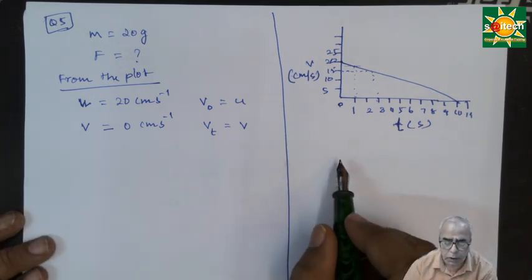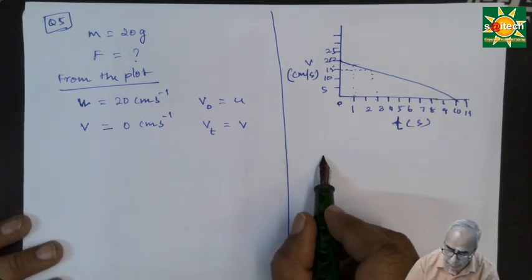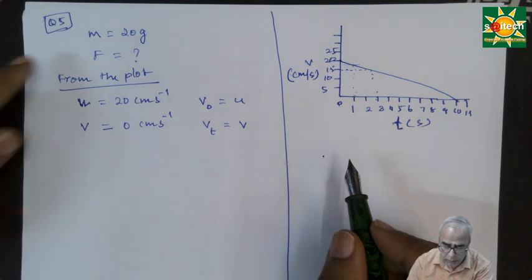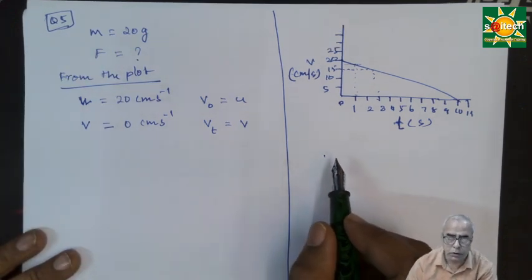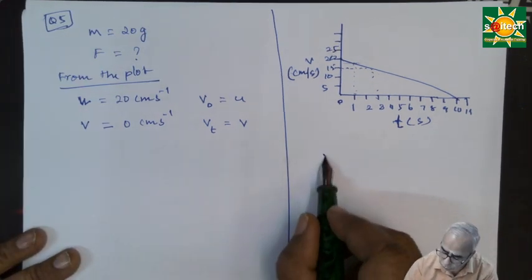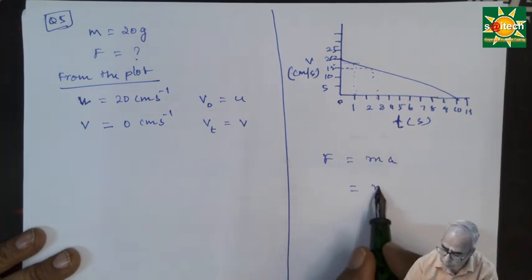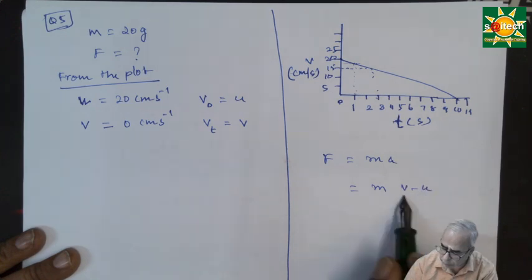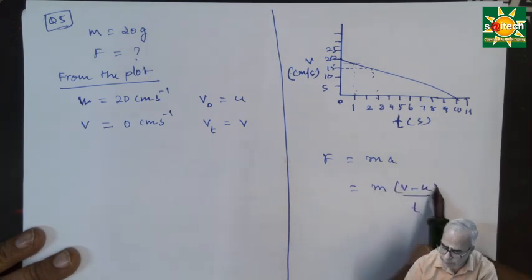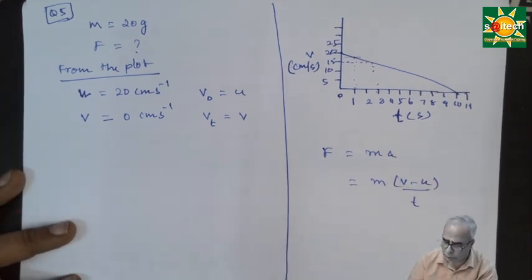Now we know the formula. Force is asked, is it not? So F is equal to ma, that is m into v minus u divided by t. This is according to Newton's second law.